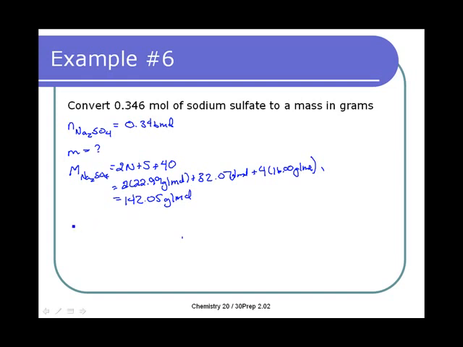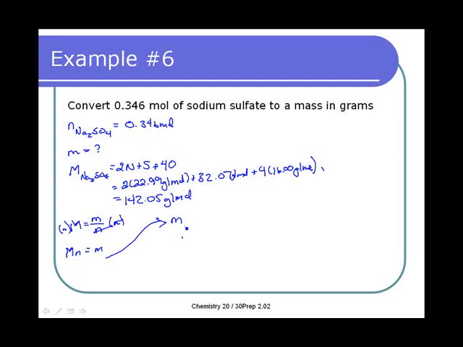And now we can use our molar mass formula. We know molar mass is equal to grams per mole, or mass over moles. We're looking for mass, so we're going to multiply both sides by n. They cancel on the right hand side, and we have molar mass times moles is equal to our mass. And so that's the version of the formula we're going to use.